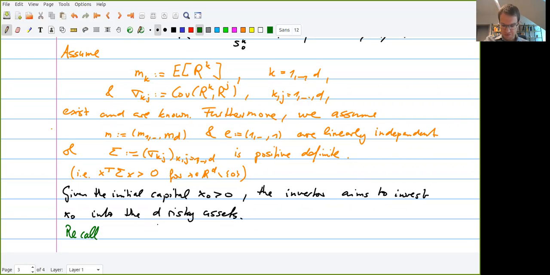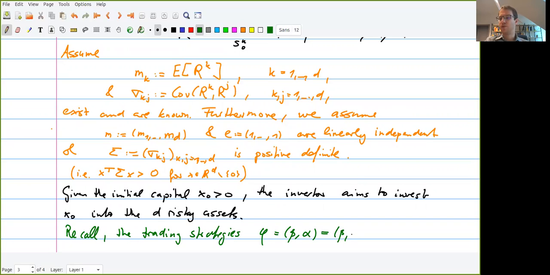So what is any trading strategy? So we have here this one period model. So the trading strategies, well, these are phi. So we have a vector.